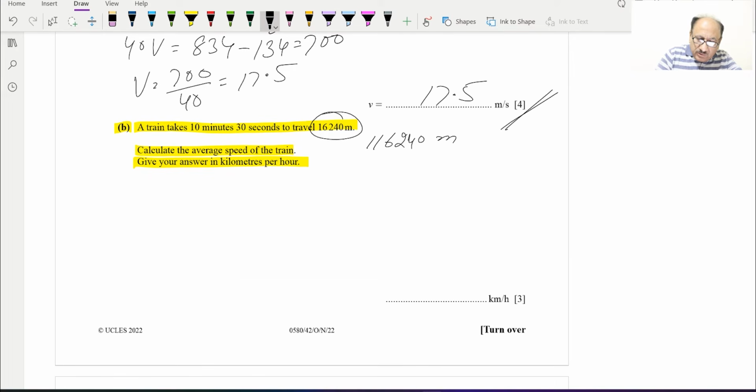116,240 meters we need to change into kilometers, so we have to divide by 1000, because there are 1000 meters in a kilometer.